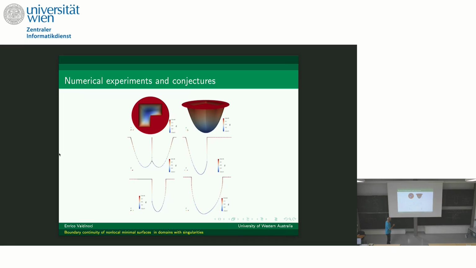The domain is a cylinder, right? The cylinder is a small Ω in R^2 times R. The small Ω is this L shape. And the datum outside is 0 in the vicinity of the L shape.